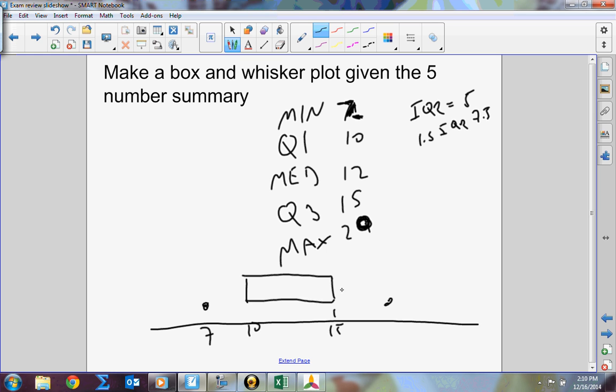There's my box between the quarters with a line for the median. And you'll kind of want yours to be straight, not like mine. But this is in the multiple choice part, so you're actually picking from diagrams. So you will want to check for the outliers. And remember, if there were outliers, then they would look like that.